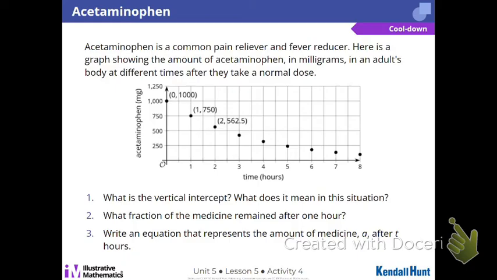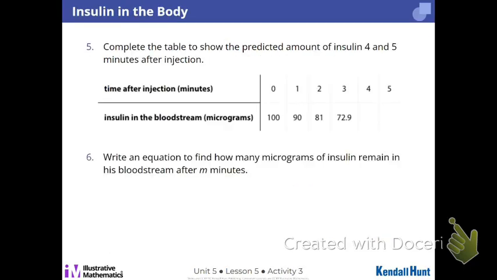Technical difficulties with the calculator. Okay, we got it back. 65.61. The next minute, how much is left? 9/10 is left of that, which is 59.049.